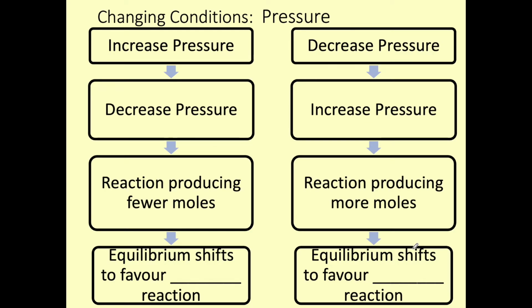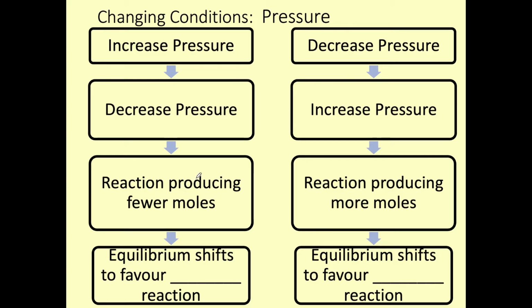And those same thought processes can be applied to pressure. So we could consider an increase in pressure. The opposite to that would be a decrease in pressure. And last lesson we talked about how a decrease in pressure would mean a reaction producing fewer moles. Because if we've got fewer molecules, then there are going to be fewer collisions with each other in the container, and therefore that's going to have a lower pressure.